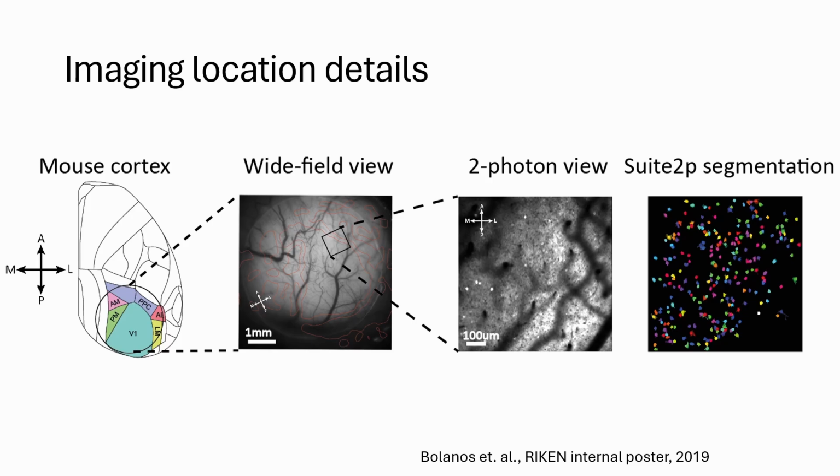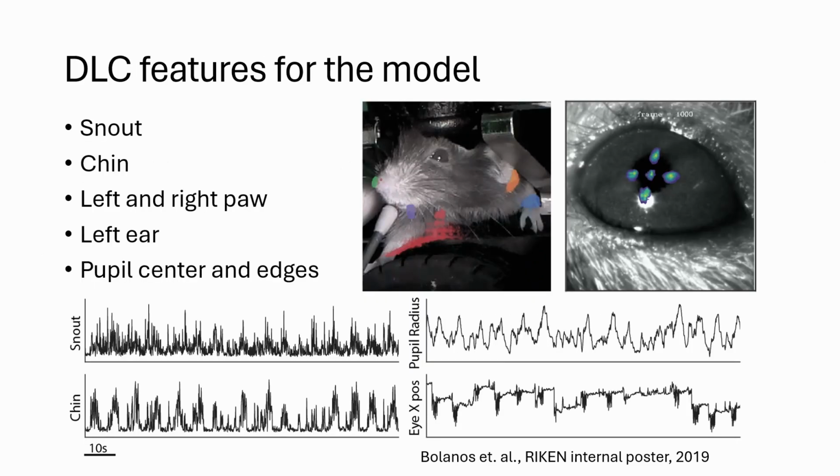I go in between, in this area, which is part of V1 and part of RL. Then we switch into 2-photon mode, and each of these little dots is actually a neuron. Like I said, at the same time I was also recording the behavior of the mouse, the pupil as well as the body itself.